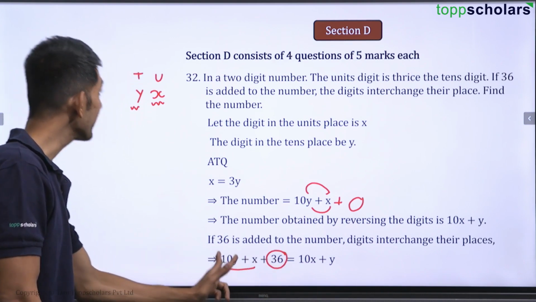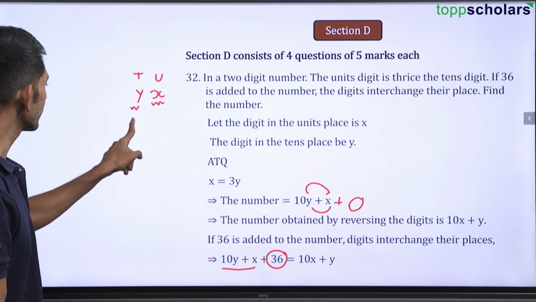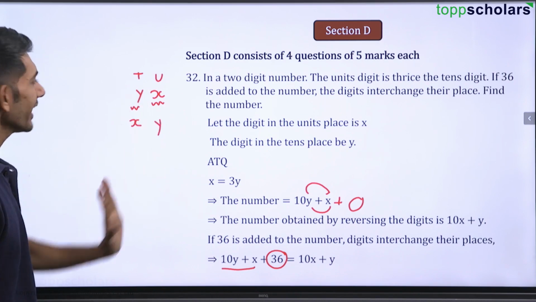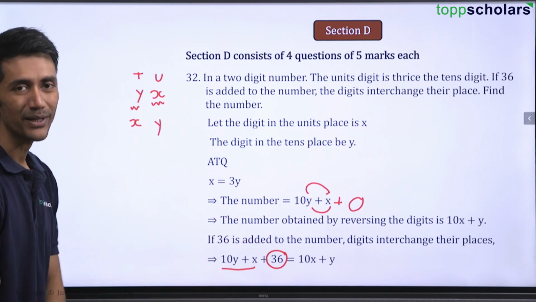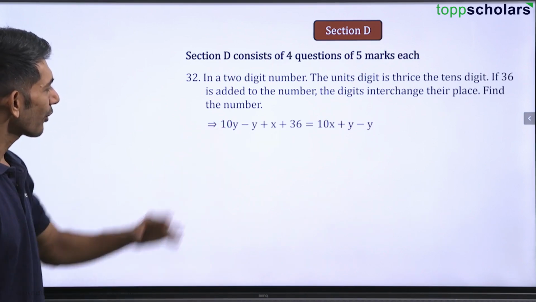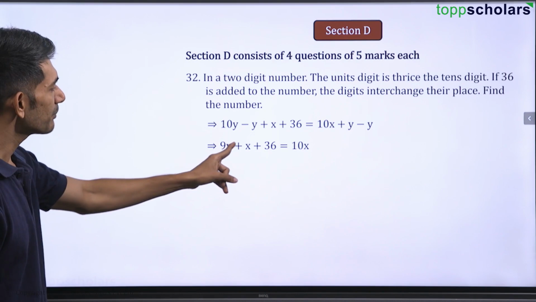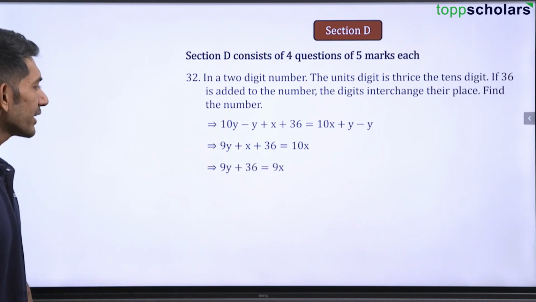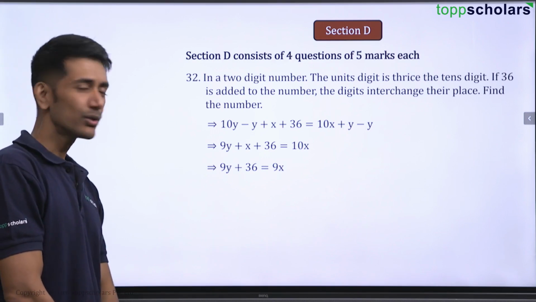The digits interchange, that is, x becomes y and y becomes x here. So that becomes 10x plus y. Now it is simple, you solve that. You get a linear equation. Solve it further. So 10y plus x plus 36 is equal to 10x plus y, which gives you 9x minus 9y is equal to 36.